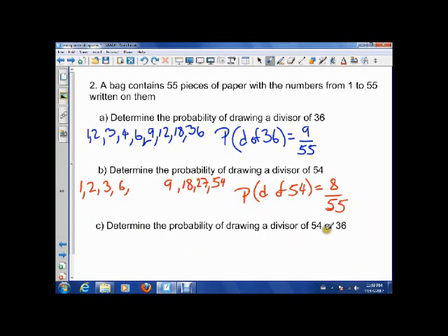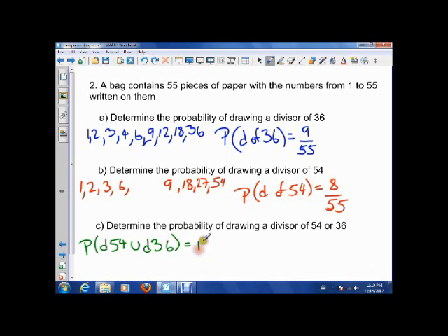Now the probability of drawing a divisor of 54 or 36 is going to be the probability of a divisor of 54 union, because it's or, a divisor of 36.